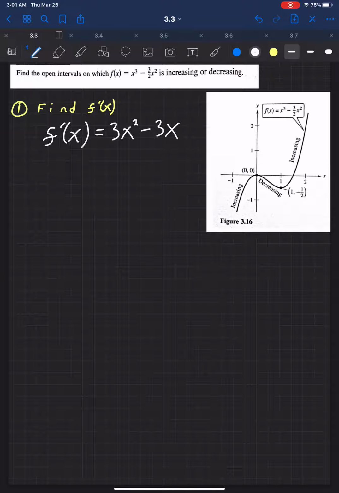Okay, so that's your derivative, but what do we want our derivative to do for us? So step 2 in this process is going to be to use the derivative to find the critical numbers.